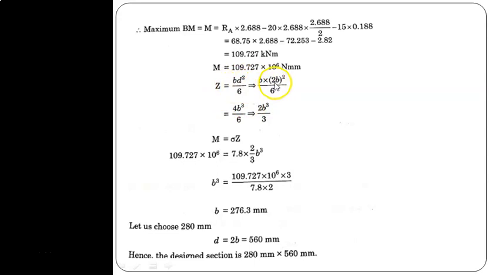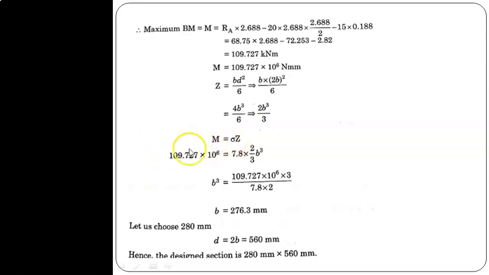D is 2 times B, substitute, and we get Z in terms of B. We know that M is equal to sigma into Z, because this can be found using the relation M by I is equal to sigma by y. Now M by sigma is equal to I by y, that is Z, and therefore M is equal to sigma into Z.